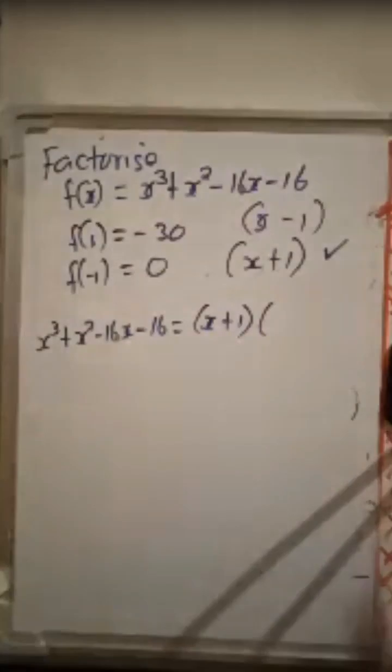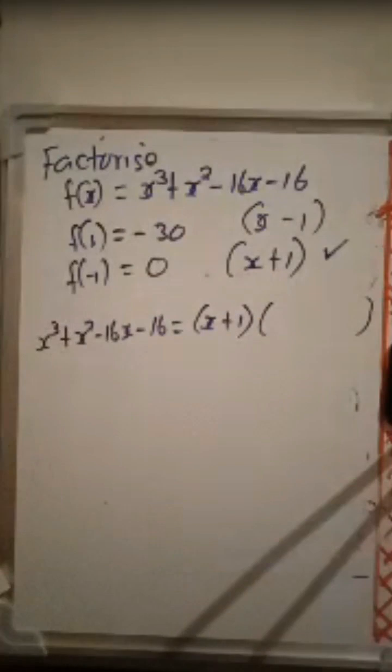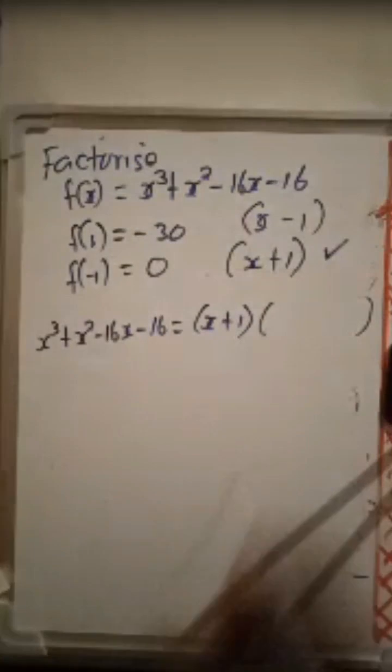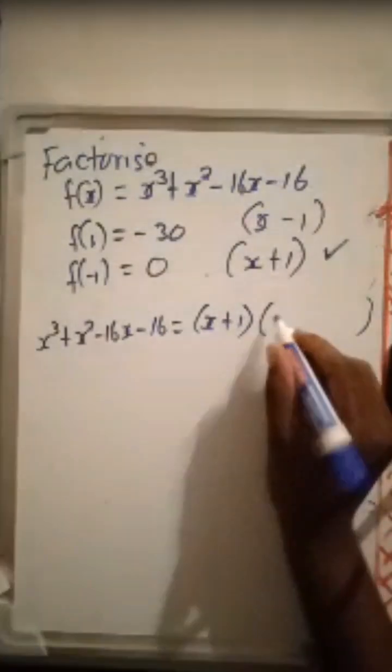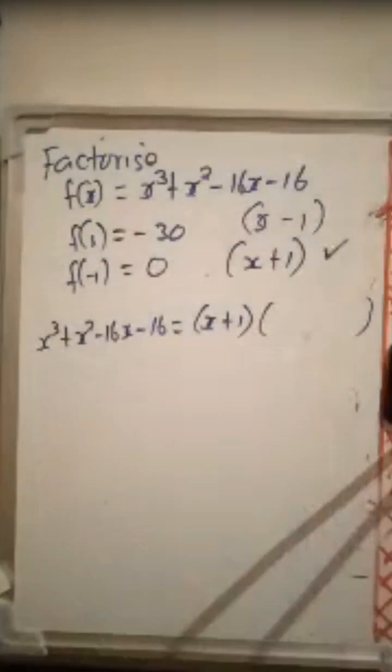Then for the next factor, just open a bigger bracket because you don't know whether it's going to be a trinomial or a binomial. So divide x cubed by x. What do you get? First term you divide by the first term, the last term you divide by the last term.